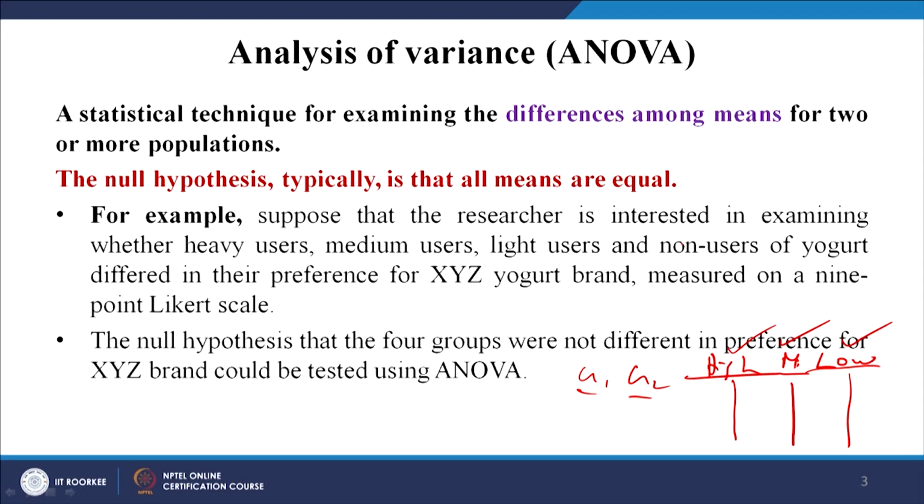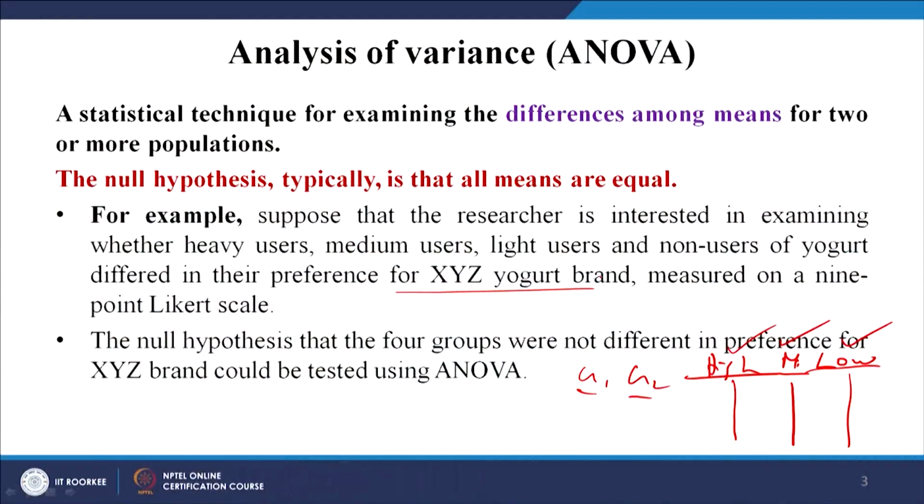So, that means there are 4 kinds of users: somebody who consumes a lot of yogurt, somebody who is a medium user, somebody a light user and somebody who does not use at all. And is there any difference in their preference for the yogurt brand, because there are several brands of yogurt. So, do these users have a different taste of brand, and does it depend on their usage?